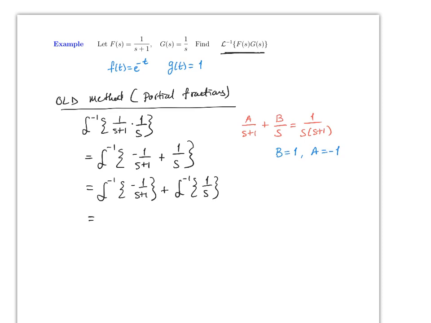Now we look to the table, but we already know what this is. This is equals to minus e to the minus t, and this one is just equals to 1. So that's the old way, which, remember, this can be very annoying if the partial fractions are not nice.